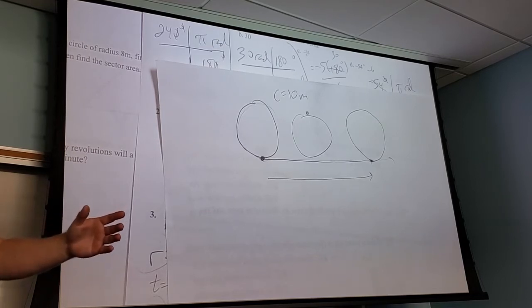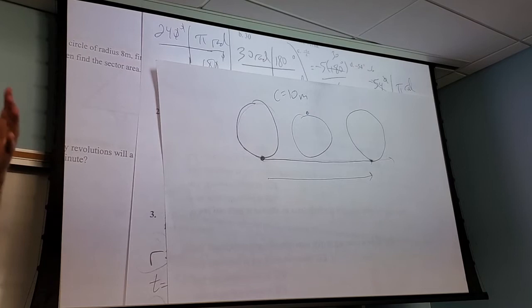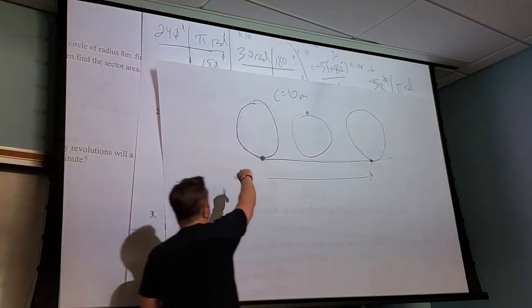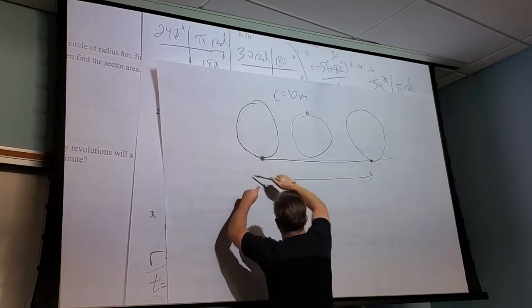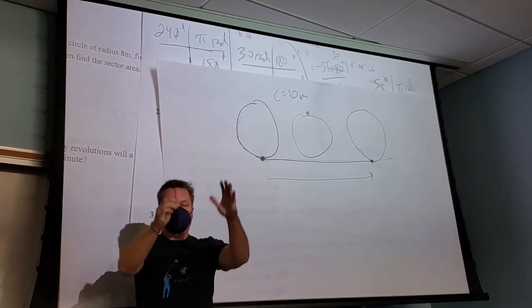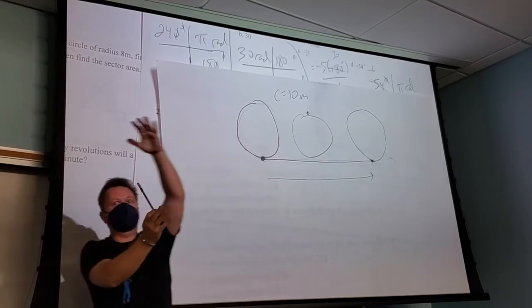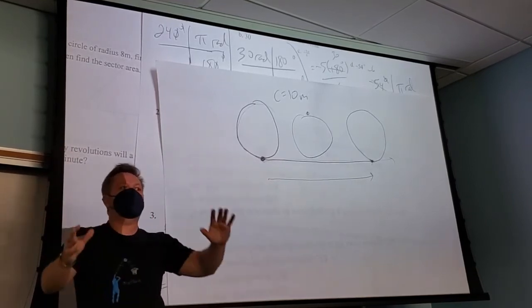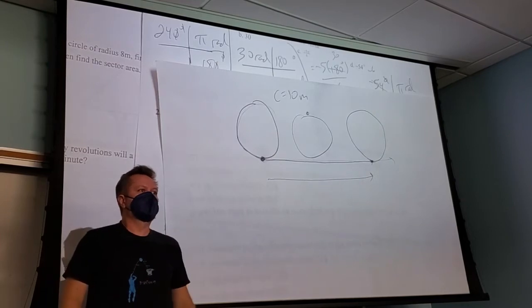What's that? 10 meters. 10 meters, yes? 10 meters. Does anyone see that? If I let this roll, didn't I go through a circumference worth? If the circle turns, didn't it go through a whole circumference worth of distance?